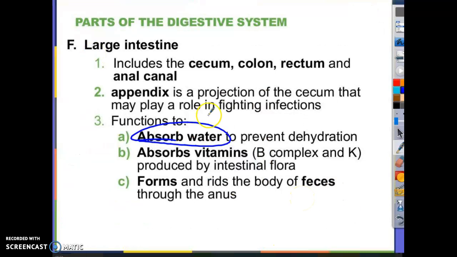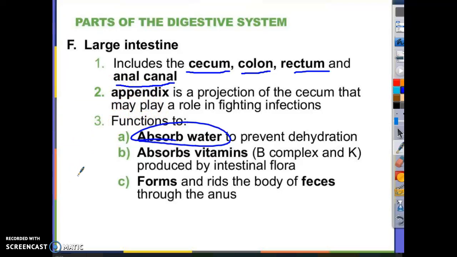Large intestine, we mentioned the primary function is the absorption of water. Most of the nutritional components have already been absorbed by the small intestine before it empties into the large intestine. The large intestine includes the colon, rectum, cecum, which is a little appendage that sticks out from it, and then the anal canal leading to the anus. The appendix, again, is a projection of the cecum that plays a role in fighting infections. You can live without your appendix.